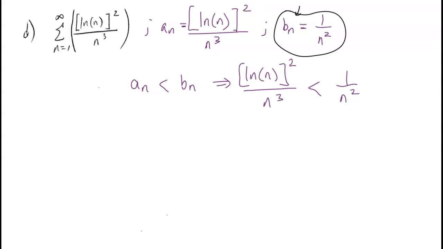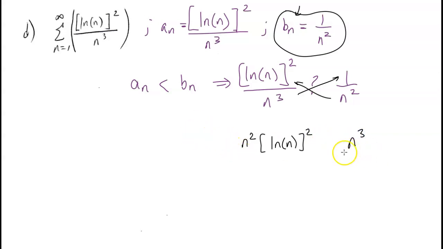So I am going to get rid of the sign for just a second. If we did cross multiplication here, what we would end up with is n squared times natural log of n, quantity squared, and on this side, we will have n cubed.